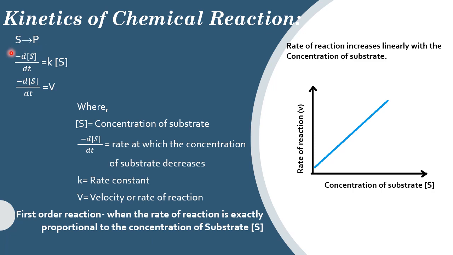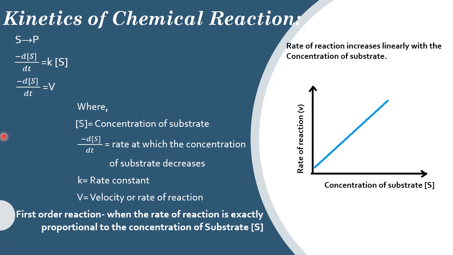We analyze the kinetics of this reaction by measuring the rate of formation of product over time, which is expressed as per the rate equation. Now, minus dS upon dt is equal to K into S, where S is the substrate concentration, minus dS upon dt is the rate at which the concentration of substrate decreases, and K is the rate constant.